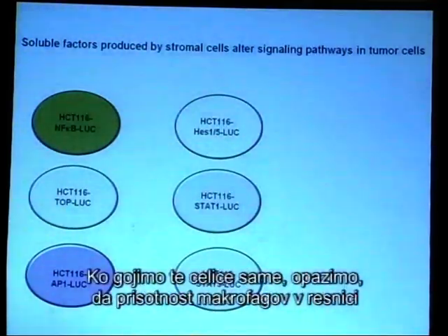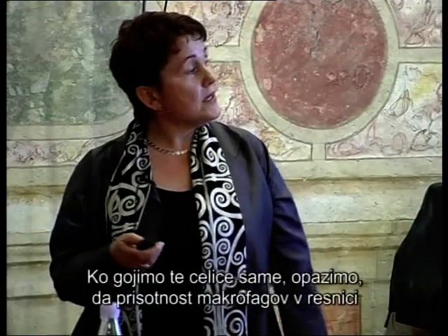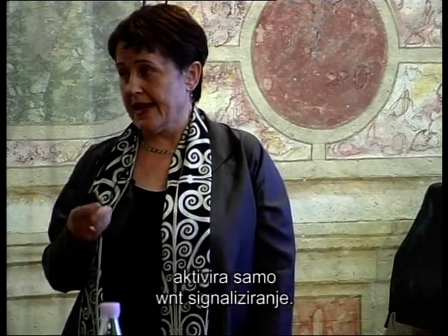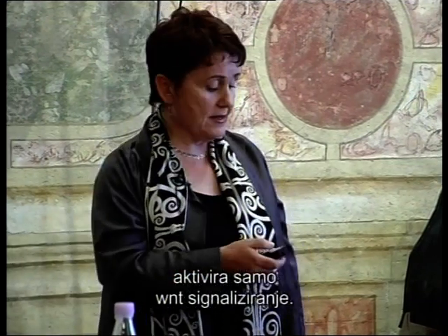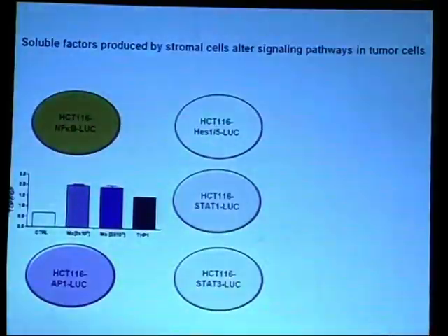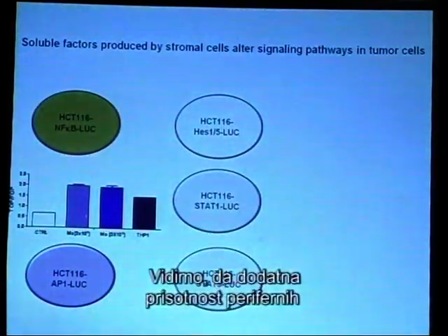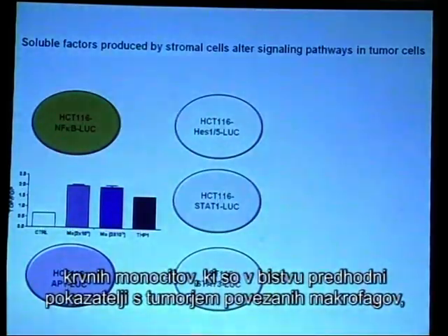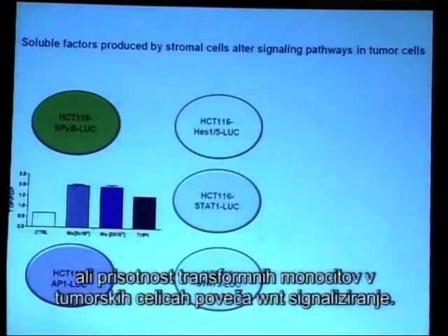When we cultured the panel of cell lines with macrophages, we noted that it's indeed only Wnt signaling that is activated by the presence of macrophages. Here is a little bit of the data. The addition of peripheral blood monocytes, which are the precursors of tumor-associated macrophages, or the presence of transformed monocyte THP1 cells, increases Wnt signaling.